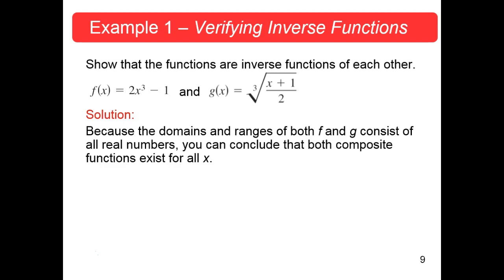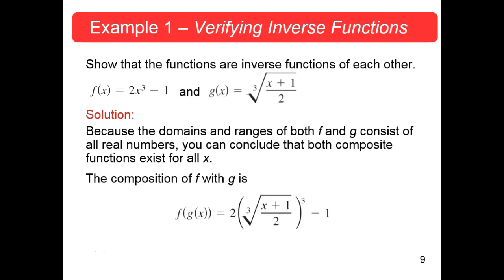You can conclude that both composite functions exist for all x's, so do the composites. The first will be f of g of x. That would be this function, 2 times whatever's inside here. Whatever's inside is g of x. So it's 2 times the cube root of (x plus 1) over 2, then cube that and subtract 1 from it.